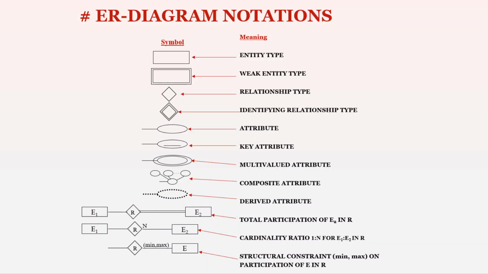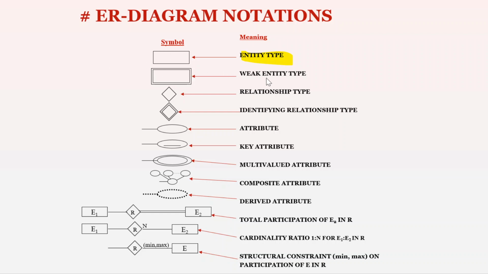First, these are the ER model notations, the notations we use to represent different relationships and the tables in the database through ER diagrams. For example, the entity type is represented by a rectangular box.